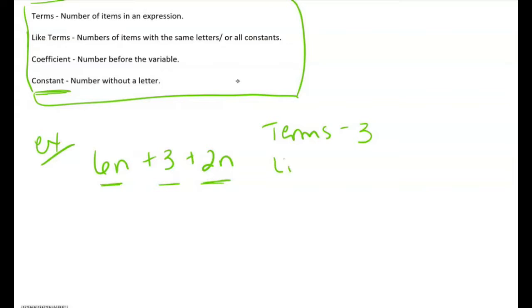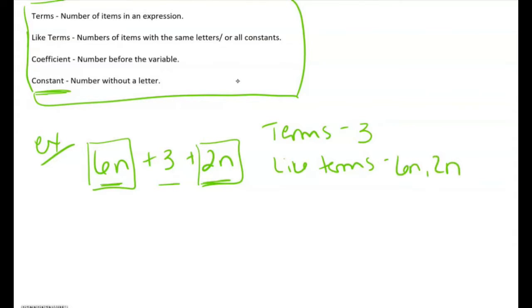What about like terms? Remember, like terms are the number of items with the same letters or all with the same constants. So in this case, I have 6n and 2n, so those are like terms. But my constant here, 3, doesn't have a partner. So those are all the like terms that we have.